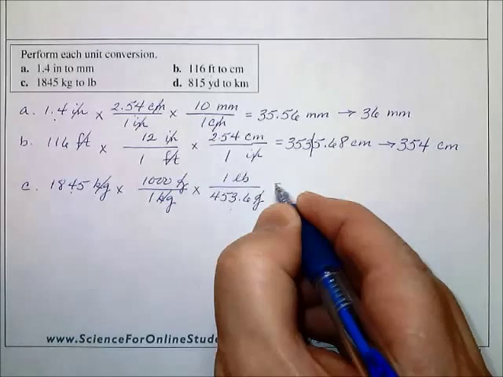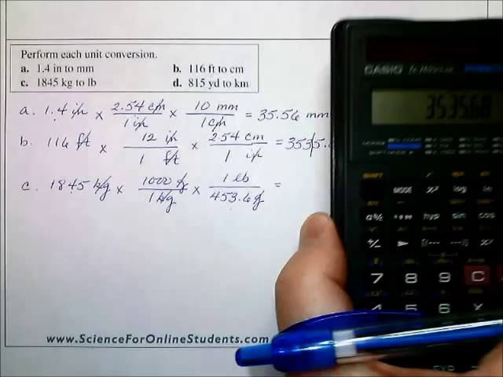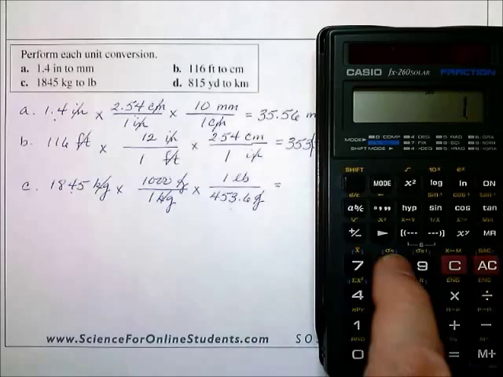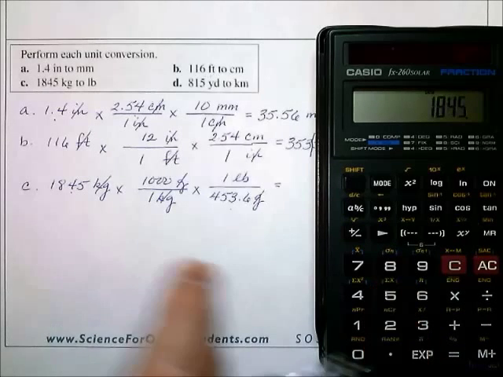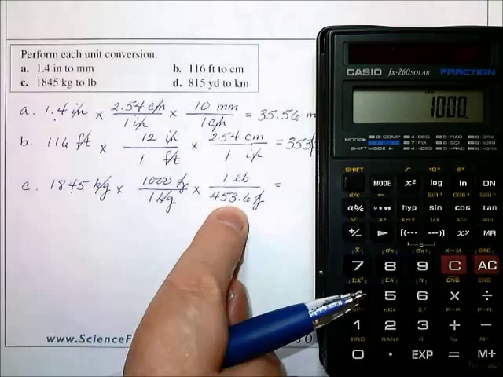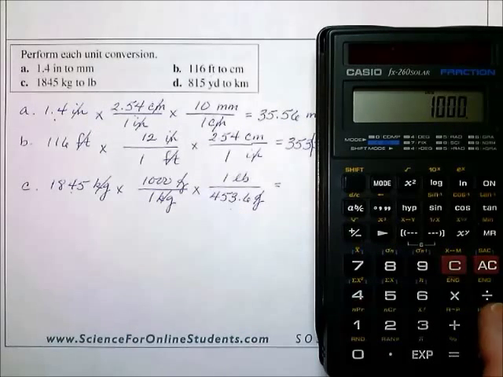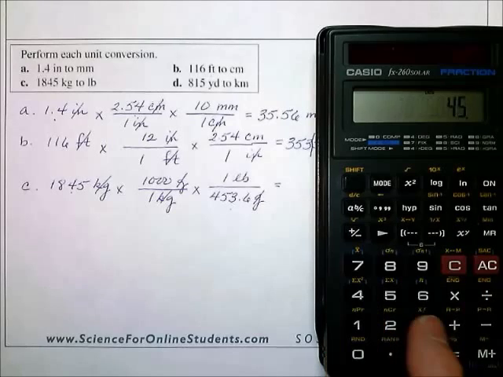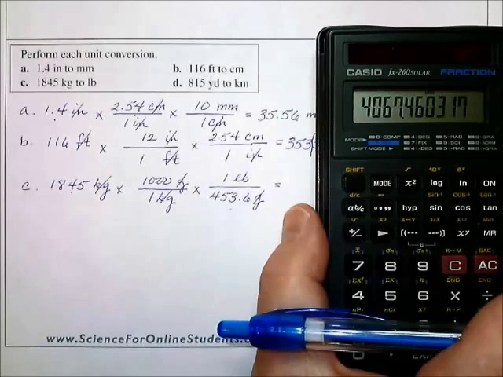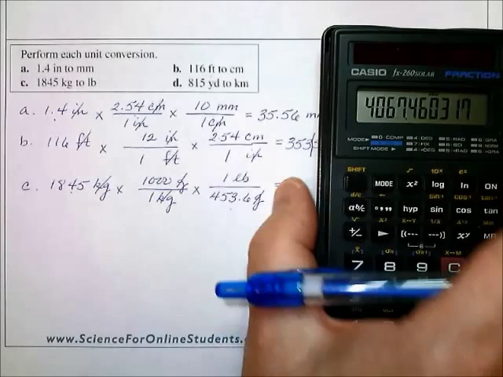Grams will cancel. 1845 times 1,000 divided by 453.6 equals 4067.46.